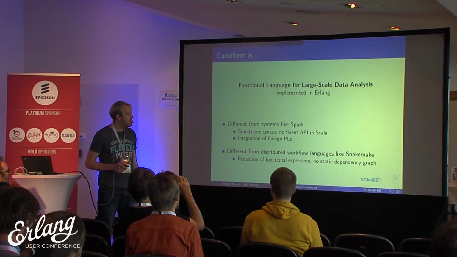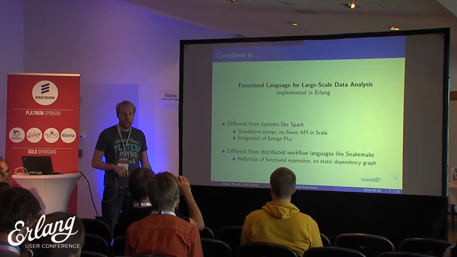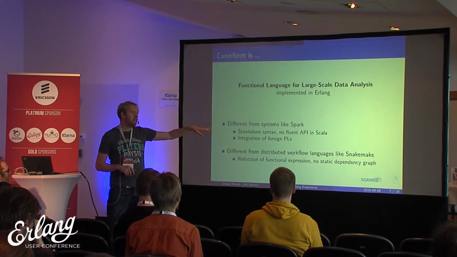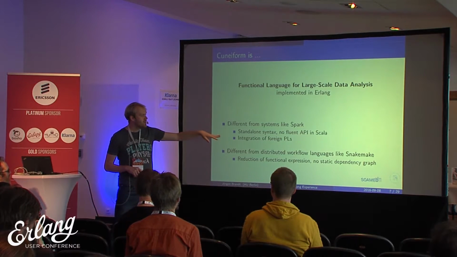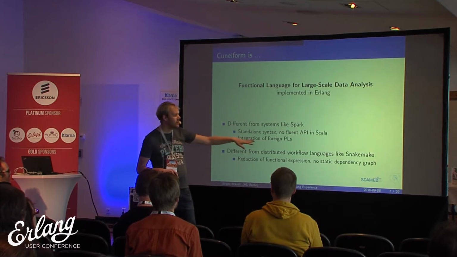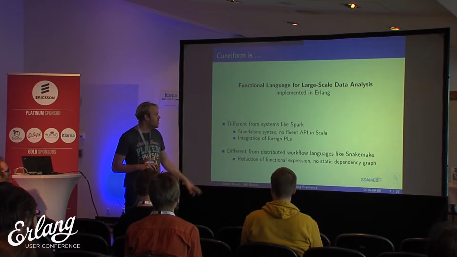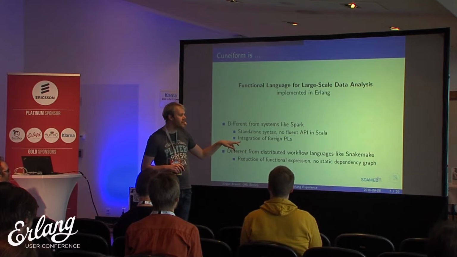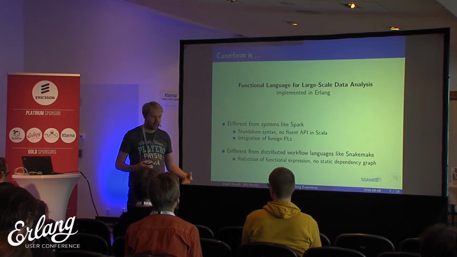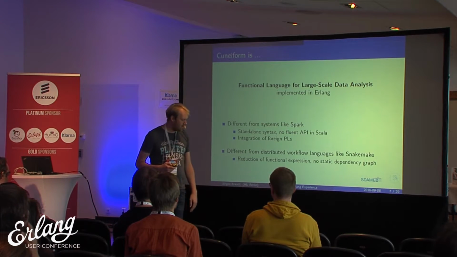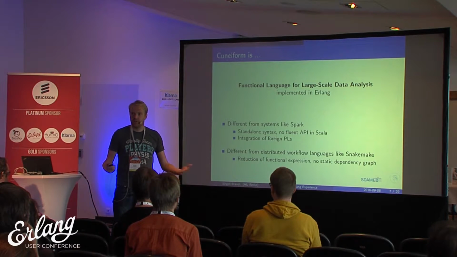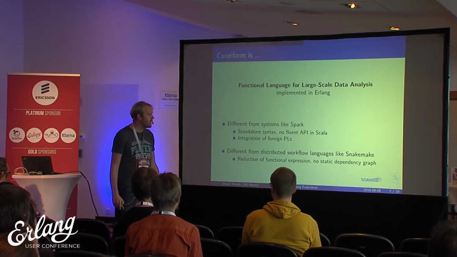And if you compare it to other distributed analysis frameworks, what for example sets it off from systems like Spark is that it has its very own syntax, so it's not a fluent API in Scala, and most importantly, it integrates different programming languages like Perl, like Scala, like Java, like R, so that you can reuse software that is already written in these kinds of programming languages.